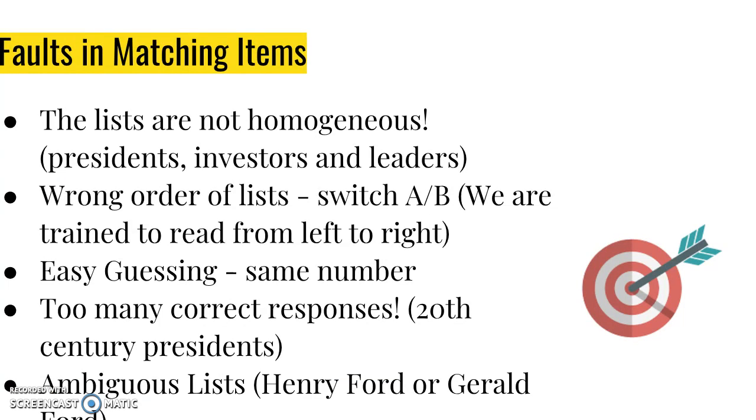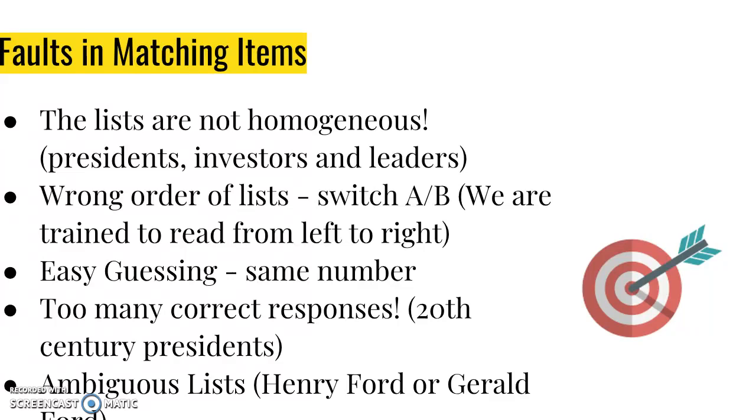So there were definitely some faults in these matching items. First of all, the list is not homogeneous. It mixes up presidents, inventors, leaders. There's a wrong order in the list. They should switch A and B, or the column on the left to the right.